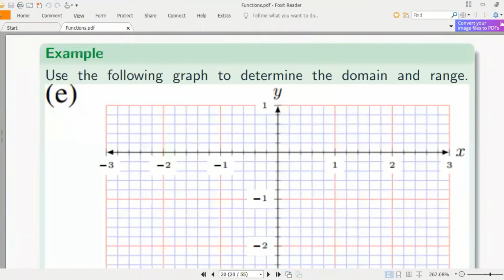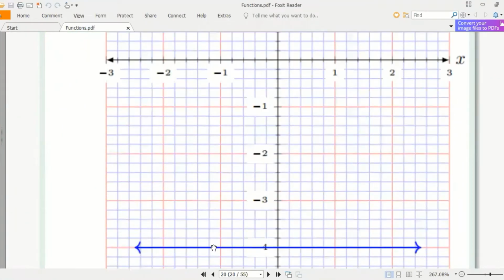Now I want you to try this, and before I give my explanation, I want you to try this. Where's the graph? See here. I want you to tell me what the domain is and what the range is. Domain, range. So we have a few minutes to do that.